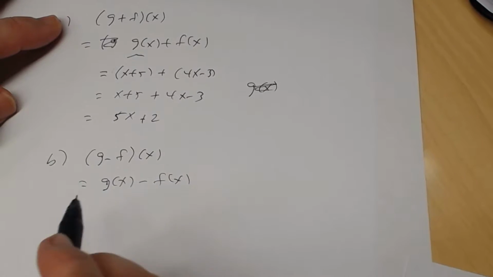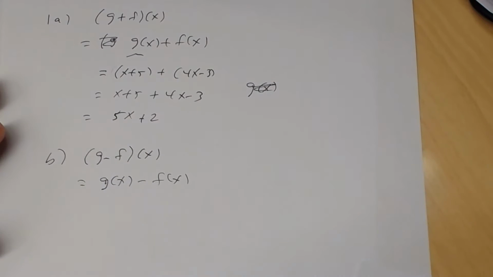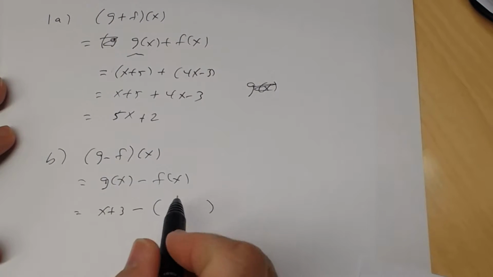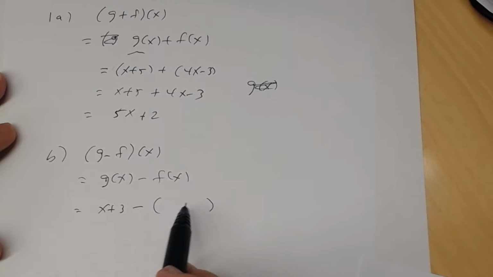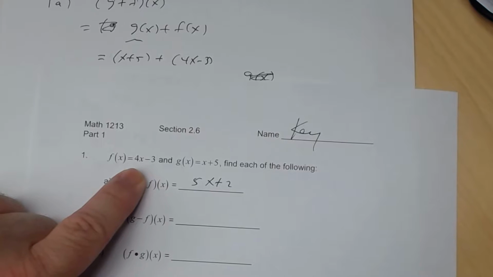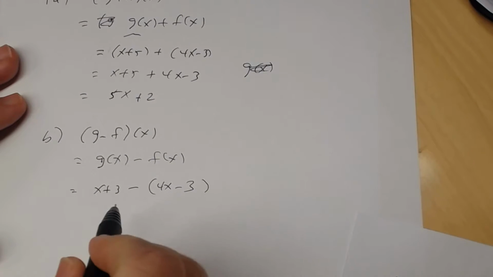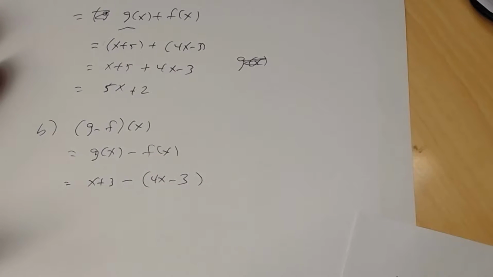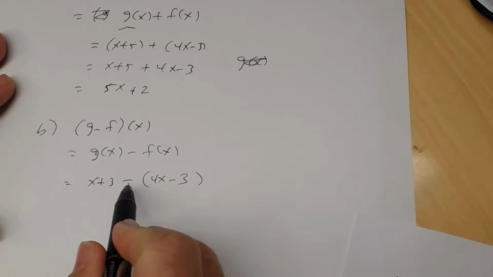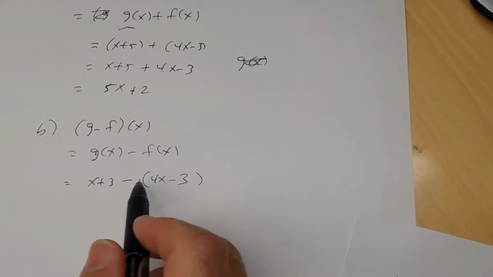G of x is x plus 3. So you can just write this as x plus 3, but you do need parentheses here because you're subtracting all of those terms that make up f of x. So f of x, remember, is 4x minus 3. Not only are you subtracting 4x, but you're also subtracting a negative 3. All right, so now get rid of the parentheses. This is going to be a negative 1, so you would distribute the negative 1, or you can think of this as adding the opposite.